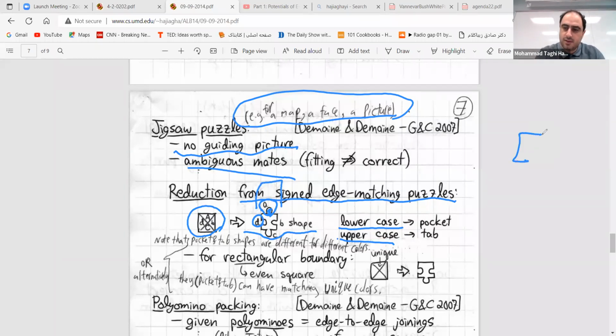If we have these things here, these two colors should match in some sense, and they both can have color A. So essentially, when we have this capital, non-capital, we turn them into pockets and tabs.